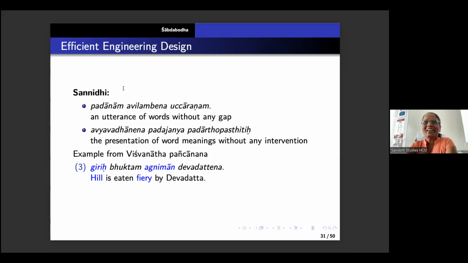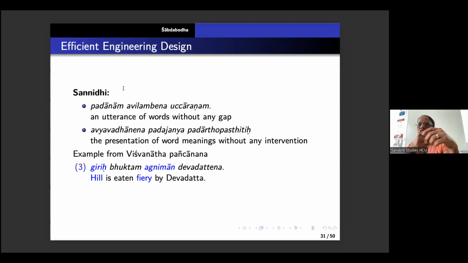So this is precisely the topic of my next talk: how much freedom is there? Suppose there are 5 words, can we have 5 factorial permutations? It says no, 5 factorial permutations are not allowed. There are certain restrictions, and one restriction is this sannidhi. Of course, this sannidhi restriction is a strong one. We need to go for a weaker one. And there I was talking about 2 types of ākāṅkṣās. One is mutual expectancy, where both the words have expectancy for each other.